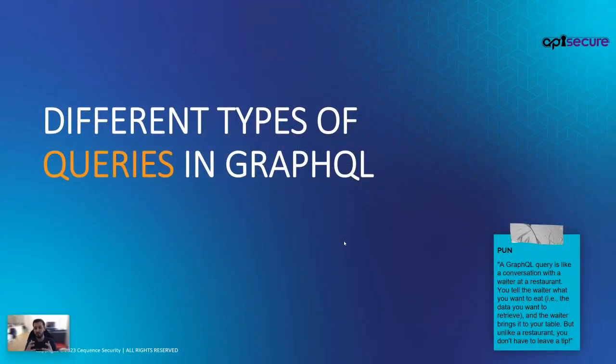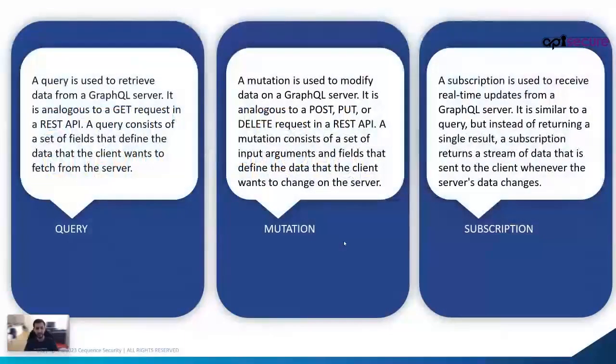This is the most important part of this presentation, which is the different types of queries in GraphQL. GraphQL does not have the regular methods like REST API, that is get, put, delete, post, etc. In GraphQL, we have three types of operations in total, which are query, mutation, and subscription. Query is basically analogous to the GET request in REST API. So if you want to get something from the server, you use queries.